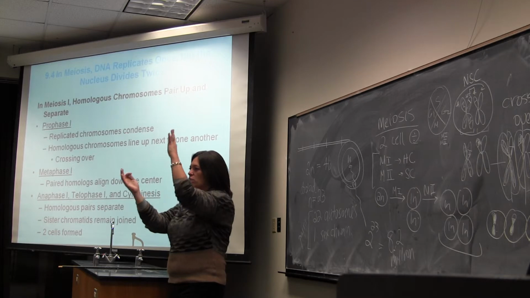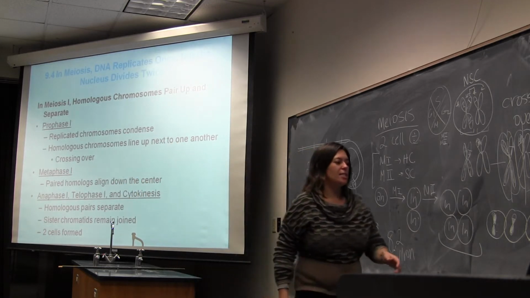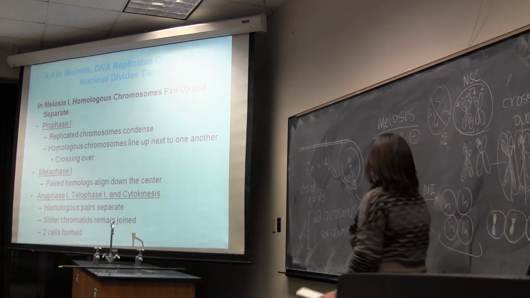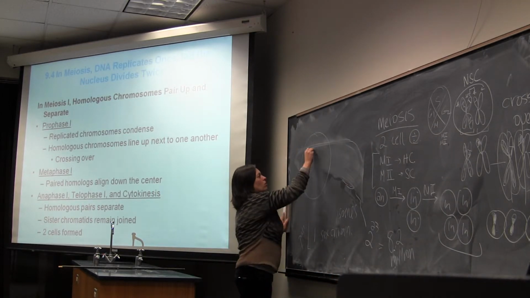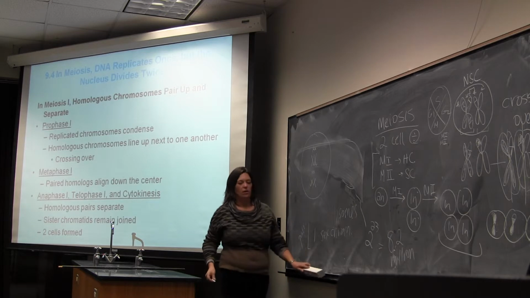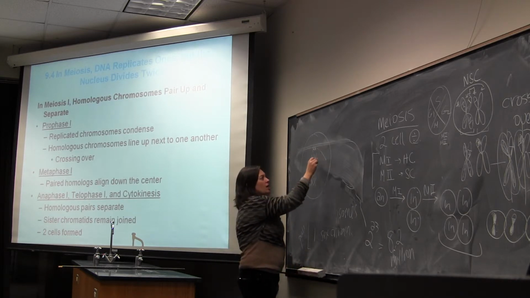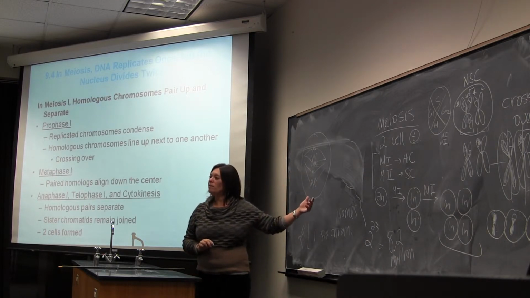You're still going to have these chromosomes lined up along the middle, but instead of having all the chromosomes stacked on top of one another, you're going to have all the homologs right next to one another. And so the mitotic spindle is still being set up, or it's actually complete in metaphase 1.